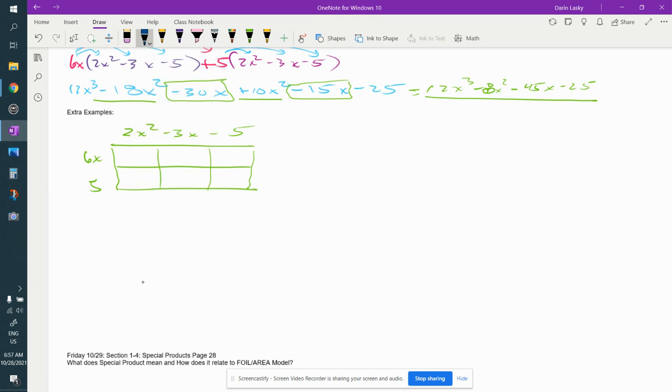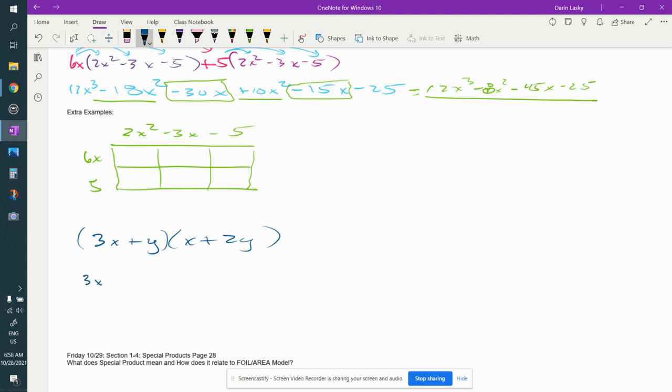I'll go to blue. You can do 3x plus y, and then we're going to do x plus 2y. All right, so you can do either method, or I'll just do the double distribution.